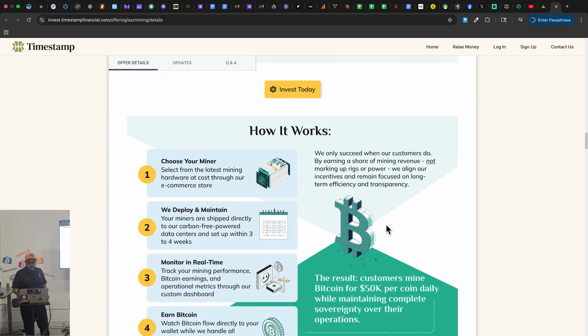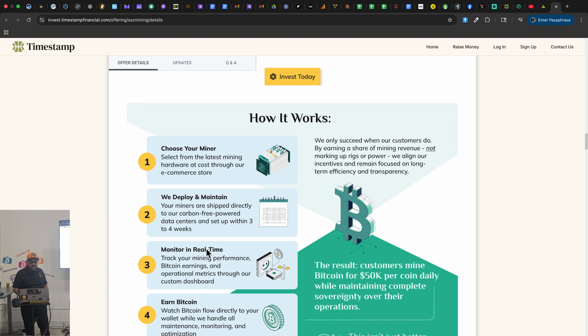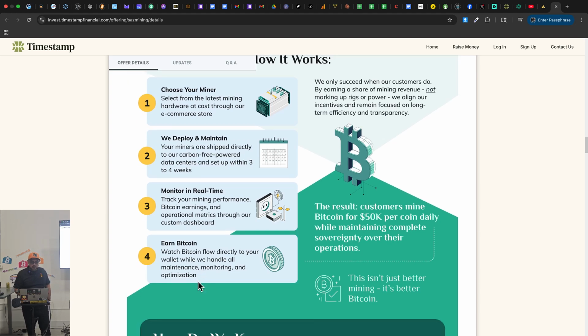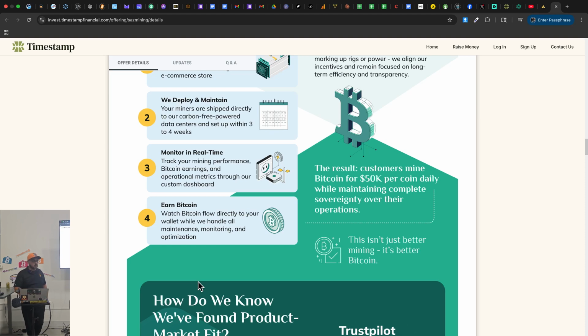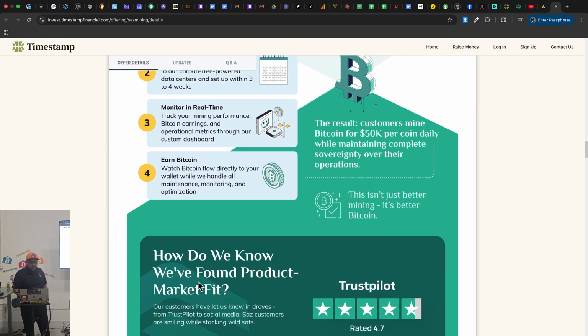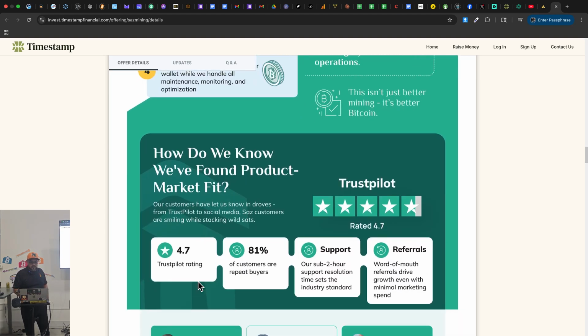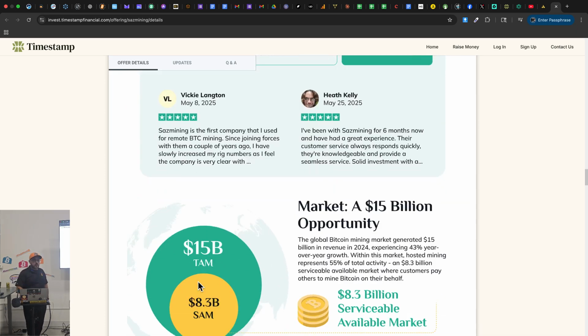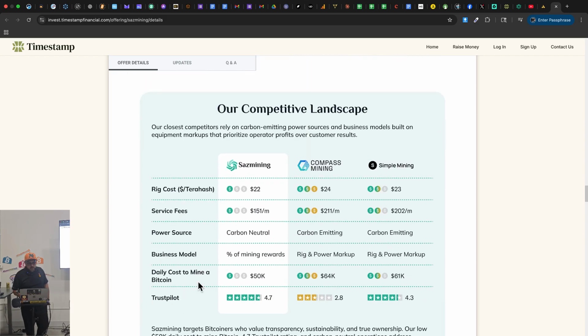They take a 15% management fee, and that's why the incentives are aligned, because they're not making any money unless you're making money. So you choose your miner, they deploy it, you monitor in real time through the app, like I mentioned, and you're able to watch your Bitcoin flow directly into your wallet without having to do anything at all. So it's a great way to dollar cost average into Bitcoin.